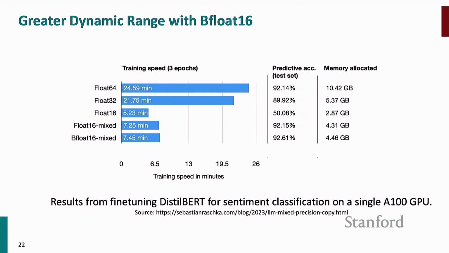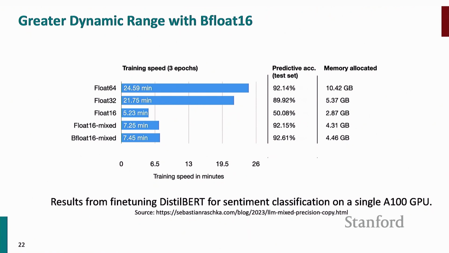And all the way down, we're using mixed precision training with BFloat16, and now we have reduced training time by roughly a third. More or less the same accuracy, a little bit better actually, because there's some regularizing effect from the half precision representation, and then a lot less memory.